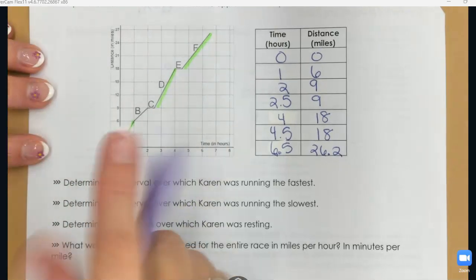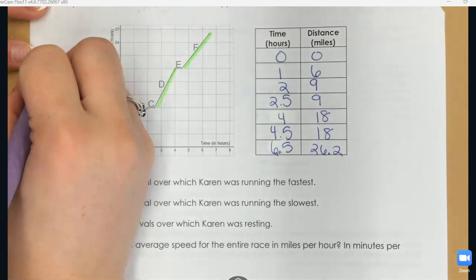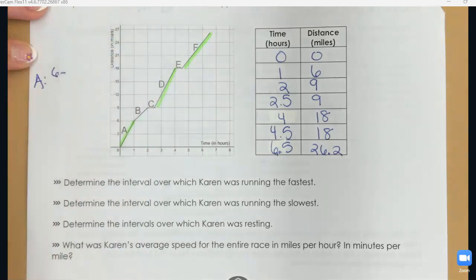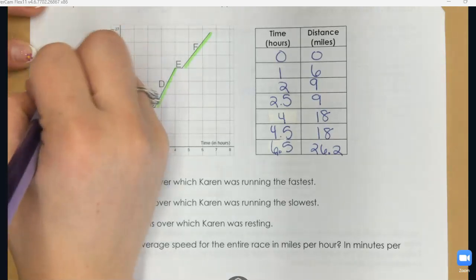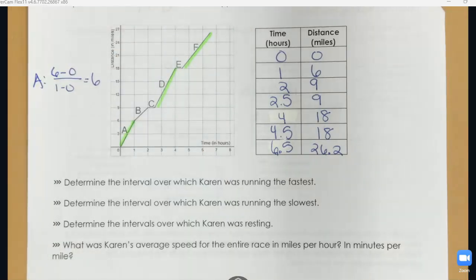So starting with A, the slope at A is going to be 6 minus 0 over 1 minus 0, so that is 6. We have a slope of 6.